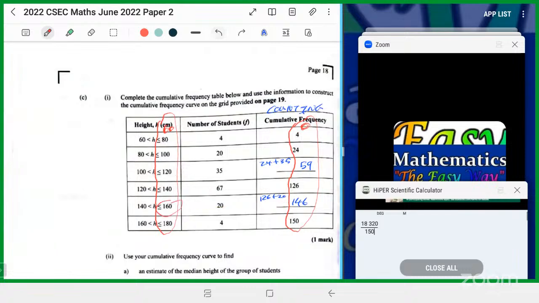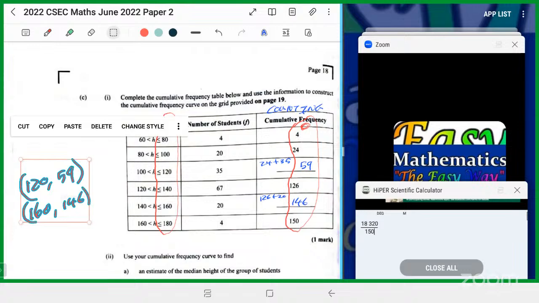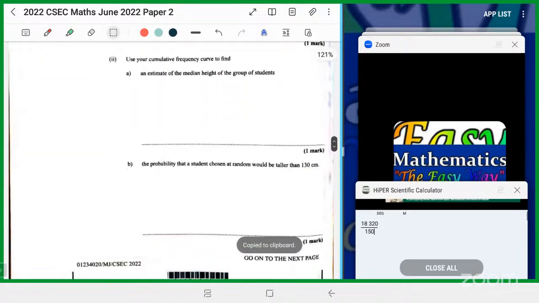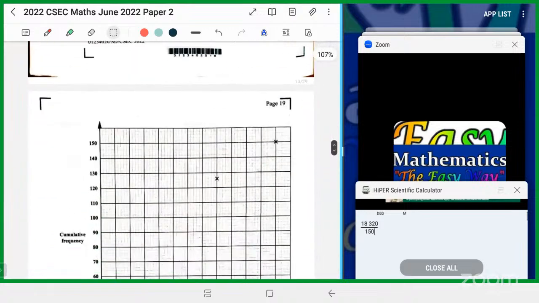Write them down. These are 2 points we need to put on the graph. Copy them down here and add them to this graph.